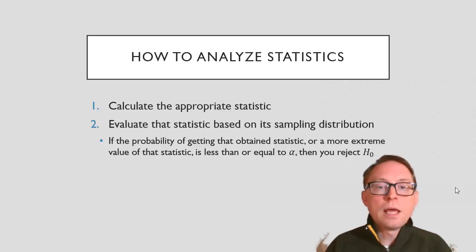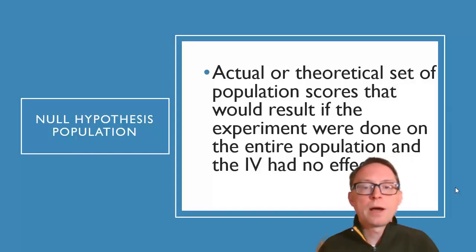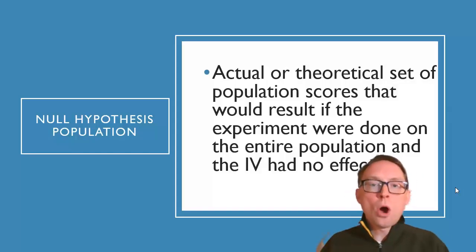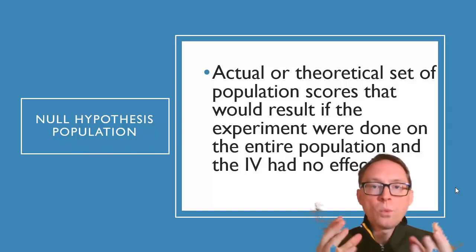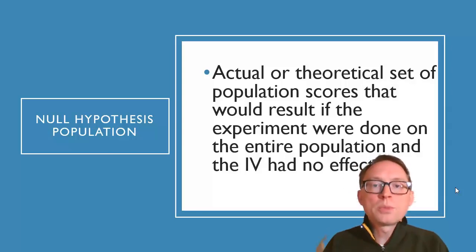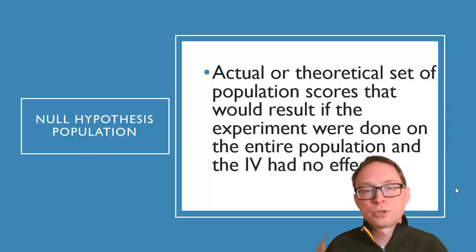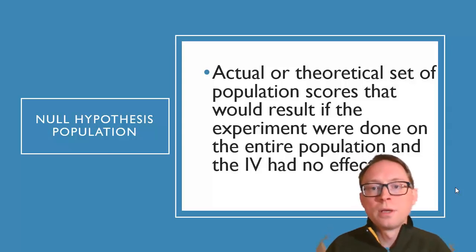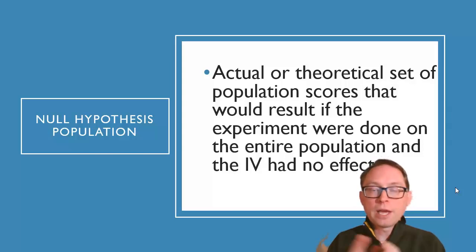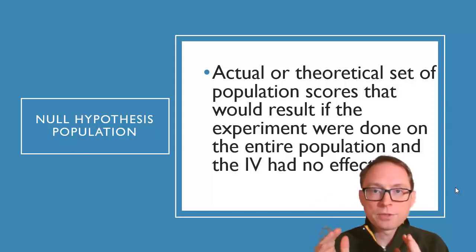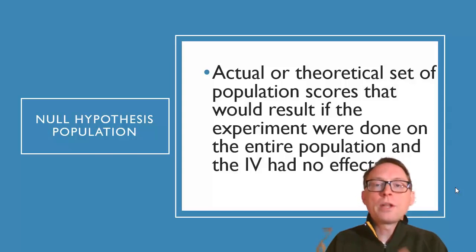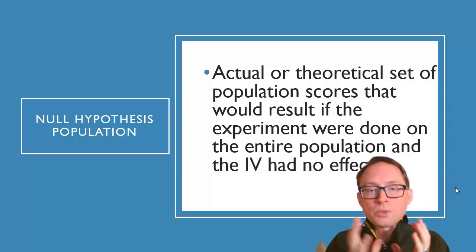So let's do an example of this, but starting with the idea of the null hypothesis population. All we're doing here is comparing what we got to what we would expect if the null hypothesis is true. So the null hypothesis population is an actual or theoretical set of population scores that would result if the experiment were done on the entire population and the IV had no effect. That's the null hypothesis, right? The null is true. So we got to think about, here's what I got.